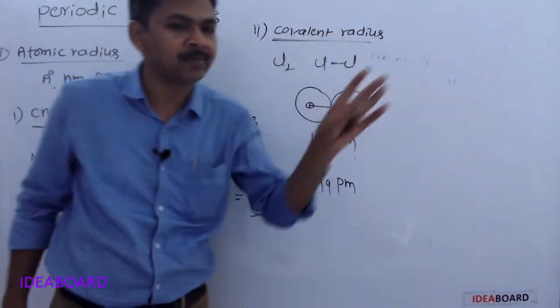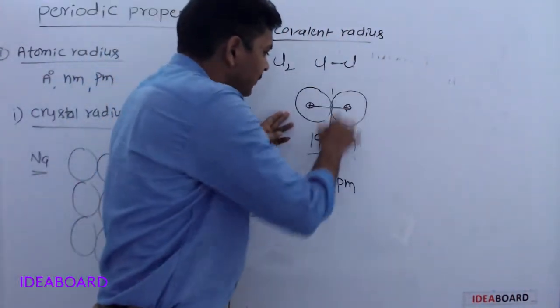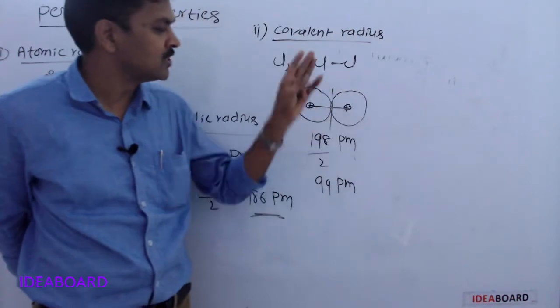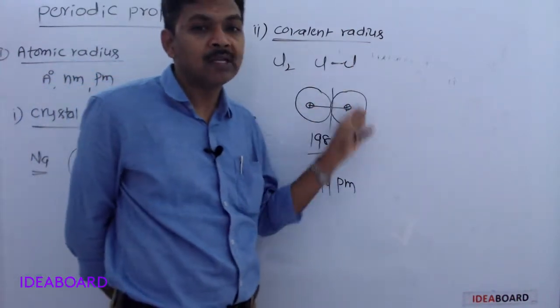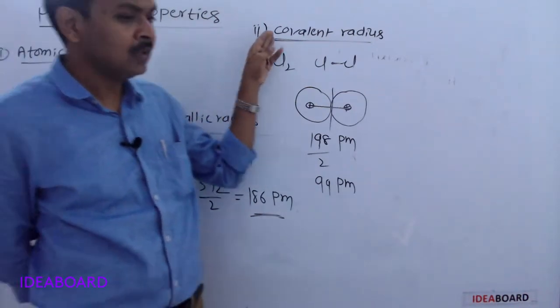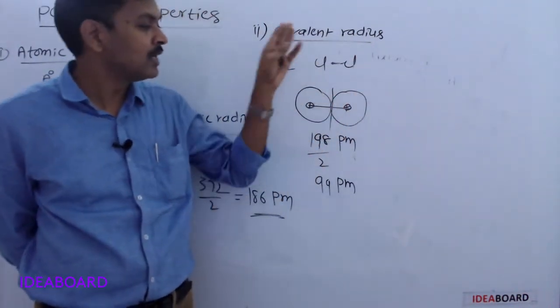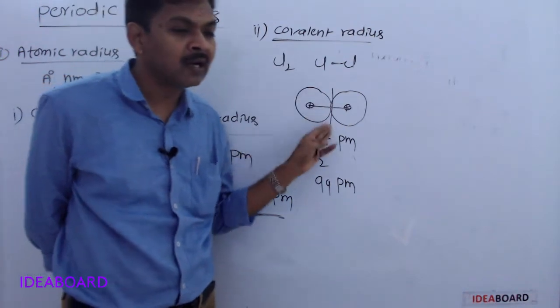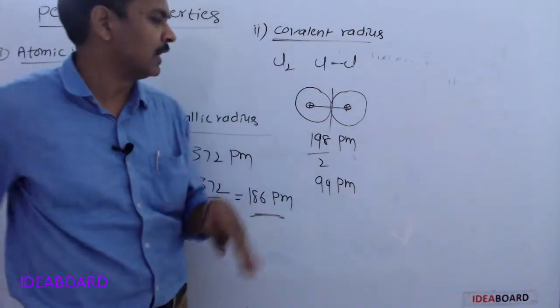So covalent radius means half of the internuclear distance between two covalently bonded atoms is called covalent radius.